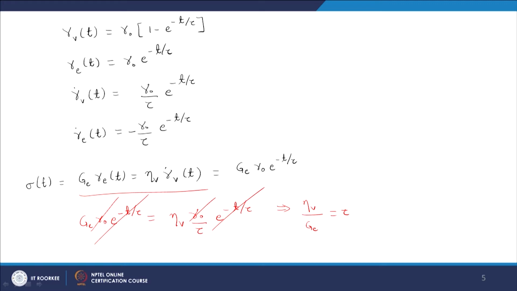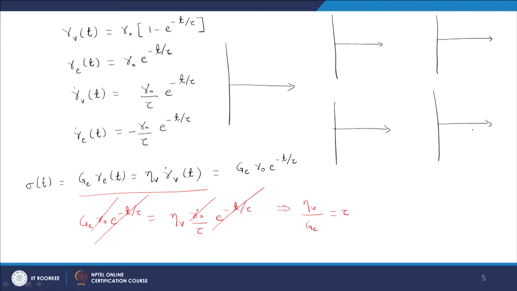So, now if I plot these functions with respect to time, and I am only doing it for time t higher than 0, what we are going to notice is that the stress would start with a high value.